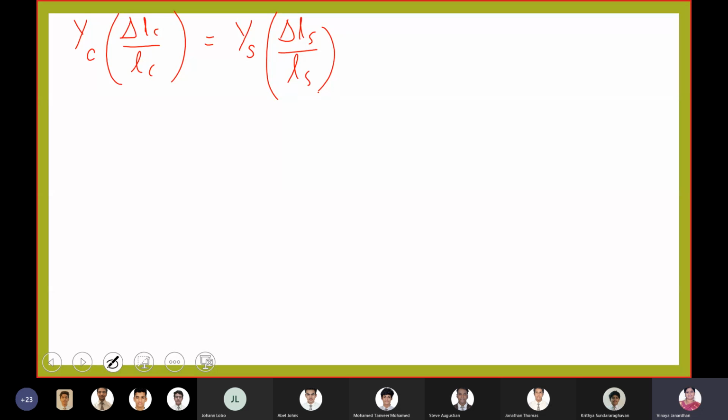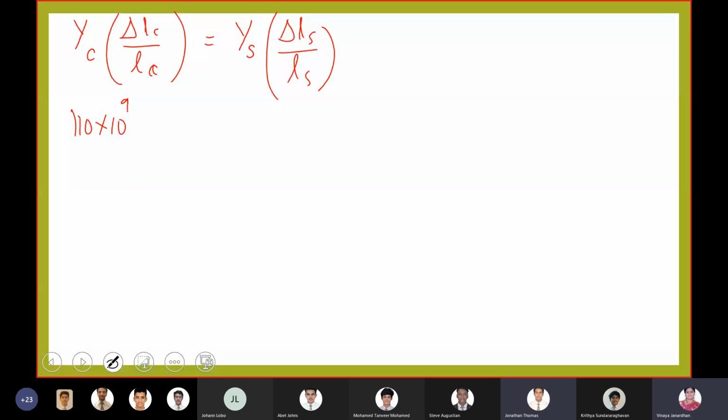Now let us find the values of Lc and Ls. The values are given. What is the value of Young's modulus of copper? It's 110 into 10 raised to 9.